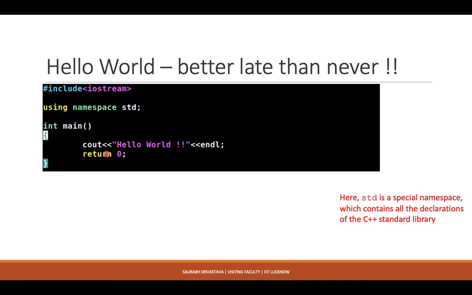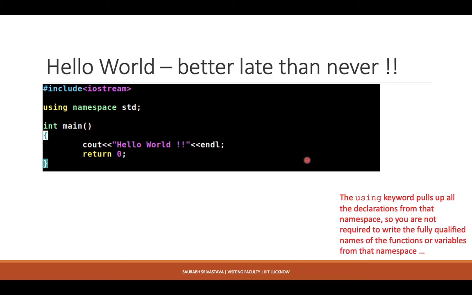But because we usually use these library functions a lot, this statement tells the compiler that whenever I use a particular variable or function, please consider the default to be std. From here onwards, for whatever identifiers you use, the compiler will check if they belong to std. If they do, then you don't need to put std out here, so it becomes kind of a default.